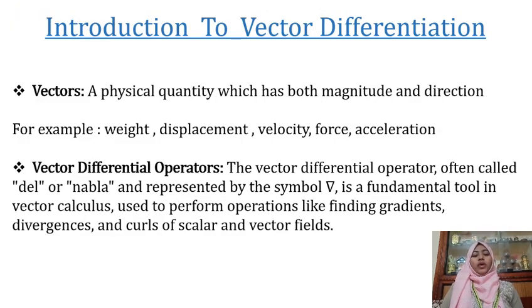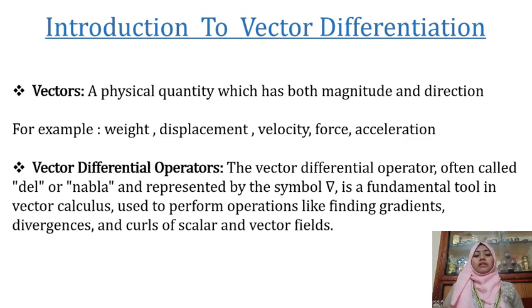Before solving my problem, I have to know what vector differentiation is and what vectors are. Firstly, vectors: a physical quantity which has both magnitude and direction is called a vector. For example, weight, displacement, velocity, force, acceleration.